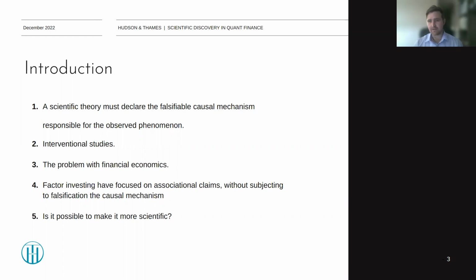But it would be better if you can make that a bit more scientific. For example, you have a variable X and you find association with a variable Y. But in between, there's another variable Z that is actually influencing the outcome of Y. Then you've observed this phenomenon in the past, but you don't understand the mechanism behind it.